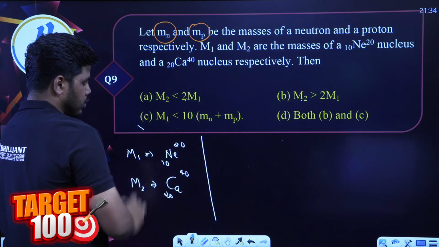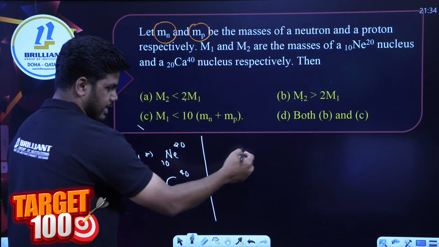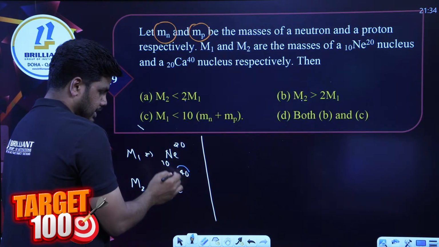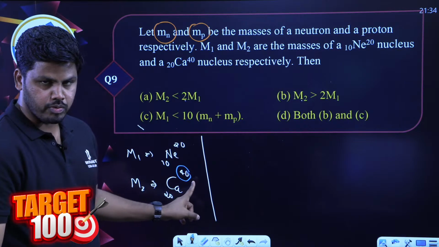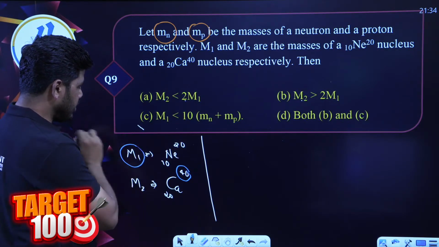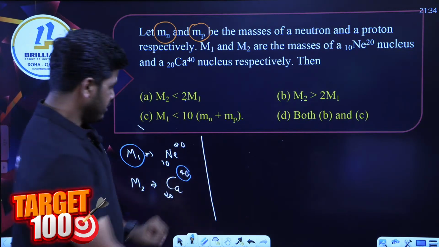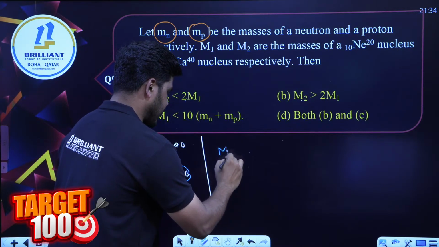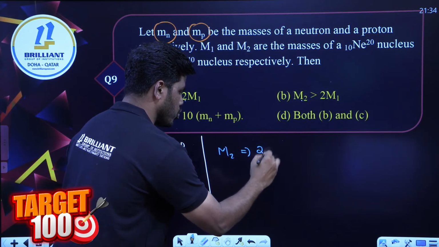See here, you can make a calcium nucleus by taking 40 nucleons. For that we need 2 neon nuclei, so M2 can be formed by taking 2 M1.